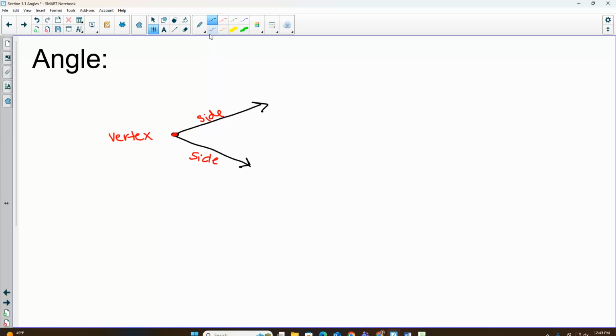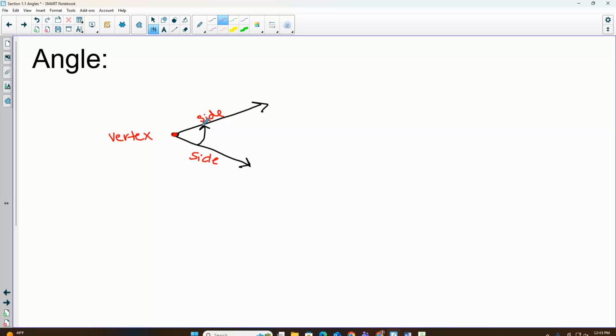What's probably a little bit different is in trig, you're going to hear like initial side and terminal side. When we look at our angles, they're going to have a symbol in them, like this. And so what that means is this angle started with the ray down here and ended with the ray up here.